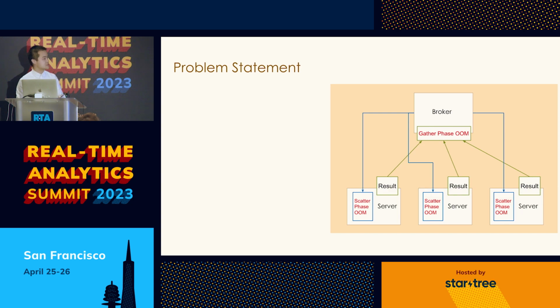So here is a simple diagram of the scatter-gather query execution workflow of Pinot. As we can see here, when an expensive query is dispatched to the server, the OOM exception can happen during the server segment processing. But even if luckily this query got through on the server, when the results are gathered and aggregated on a single broker, there is an even larger chance of OOM exception.